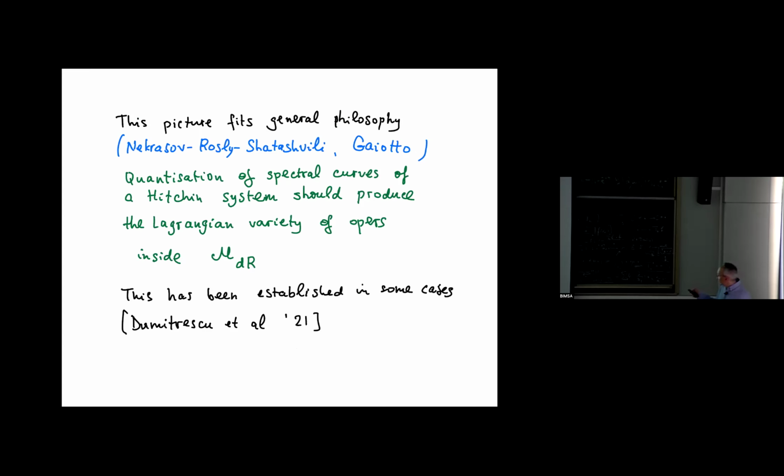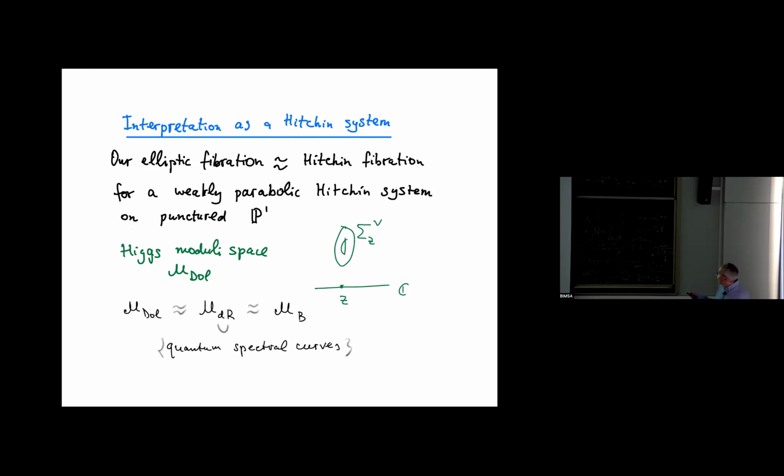And the Betti side of this story, or monodromy of this local system, will be multiplicative quiver varieties of type D4, E6, E7, E8.